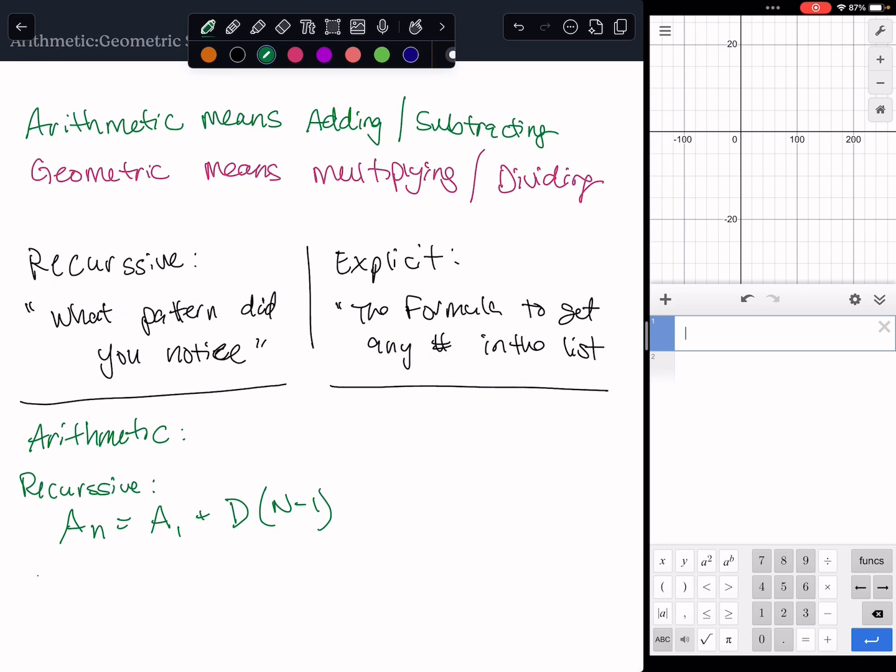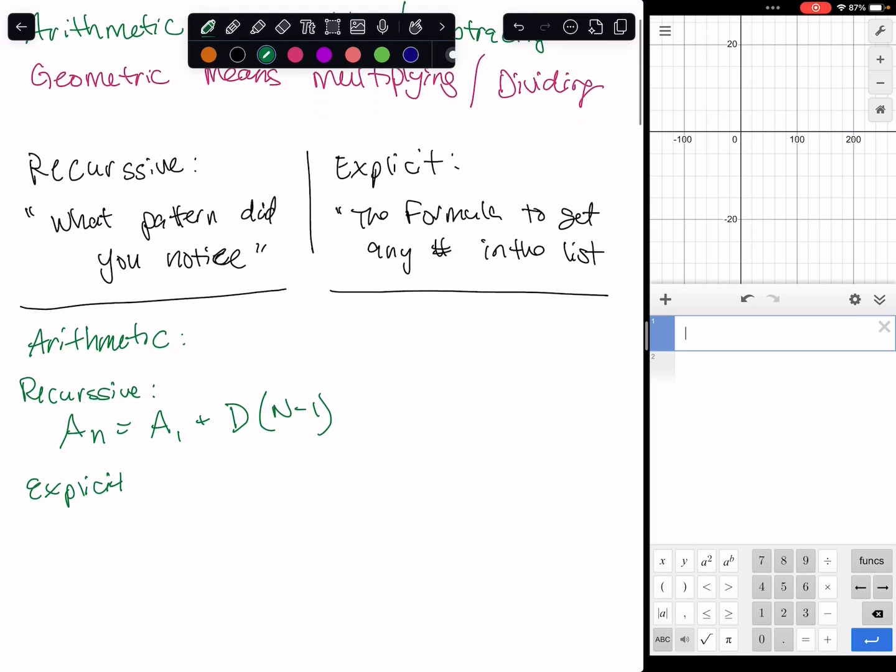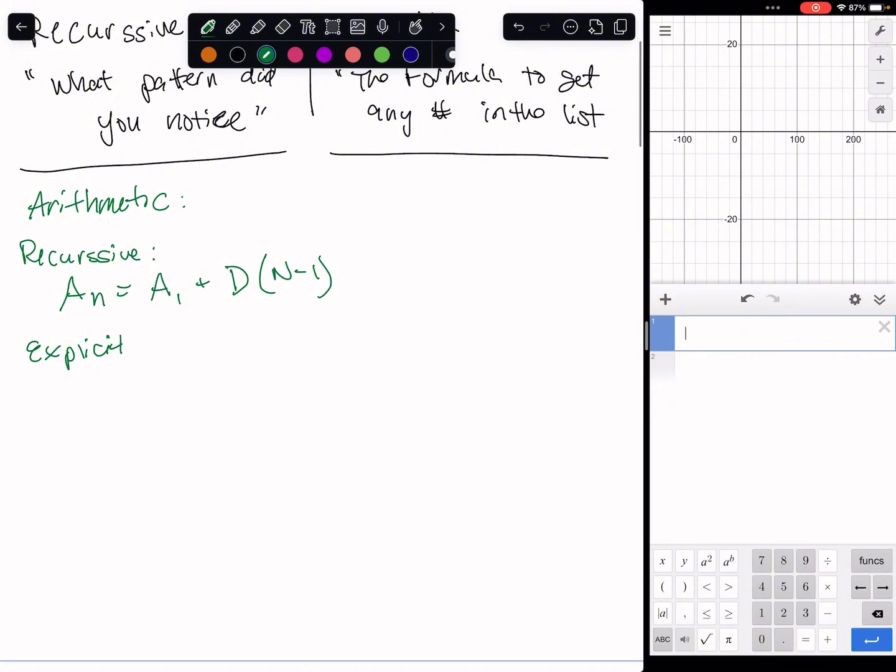And explicit is going to be a of n equals, oh, I'm sorry. This one up here is your explicit formula. So I wrote them backwards. Explicit.